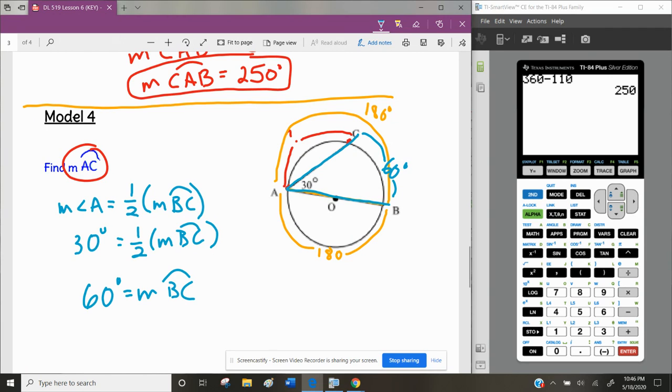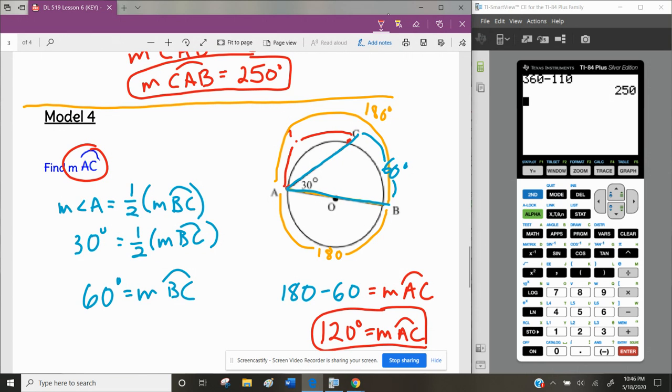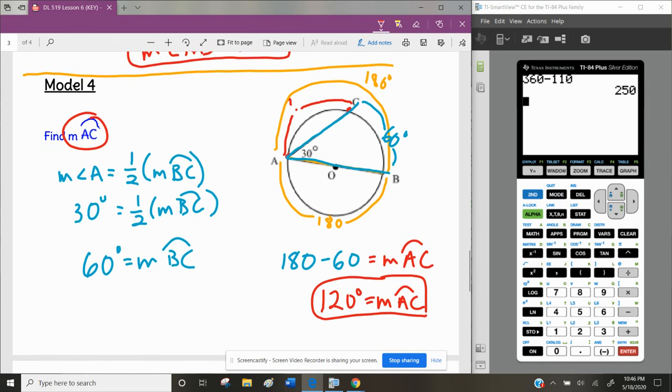Okay, so I know the total has to be 180. I already have 60, leaving me with the measure of arc AC, which would be 120 degrees. Remember, these two pieces have to add to 180, or half a circle.